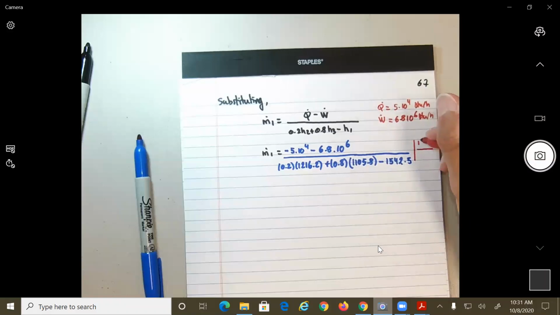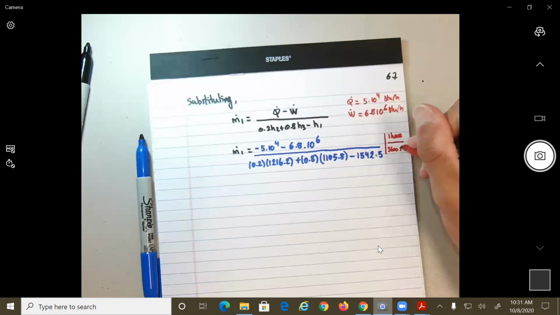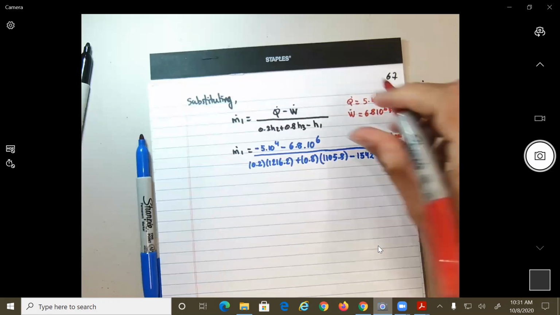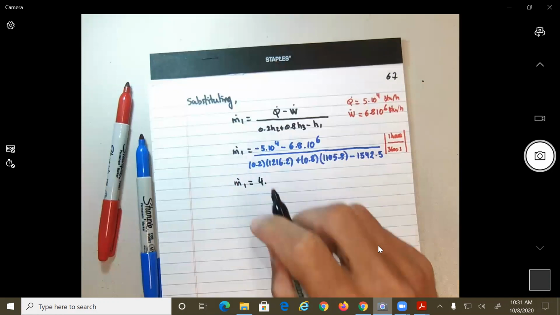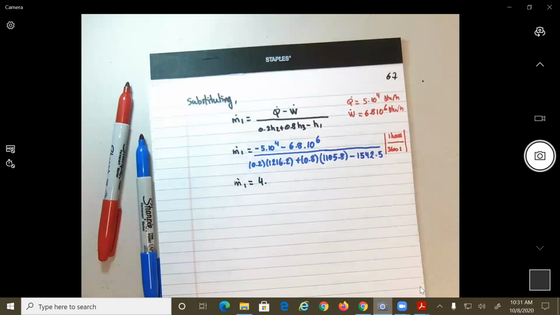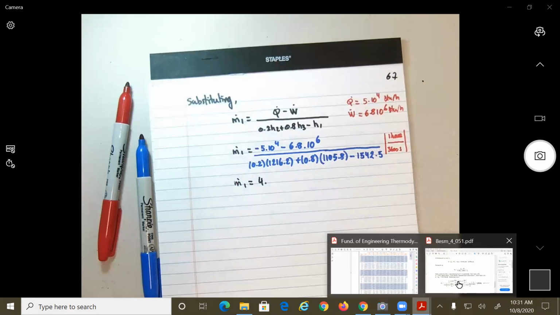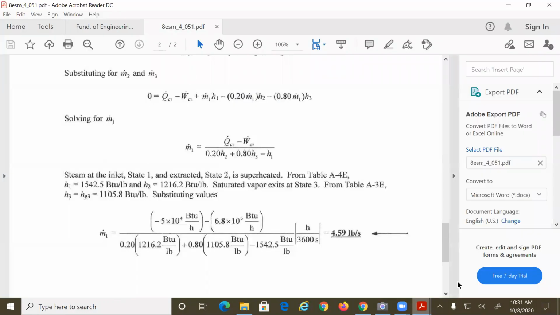So 1 hour should be 3,600 seconds. And this will give you 4.59 BTU per second.